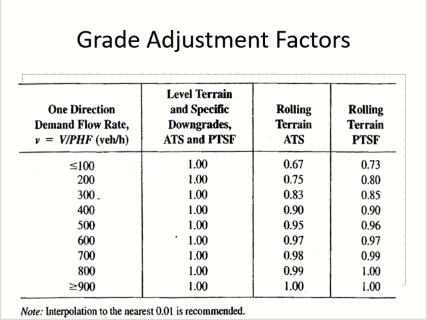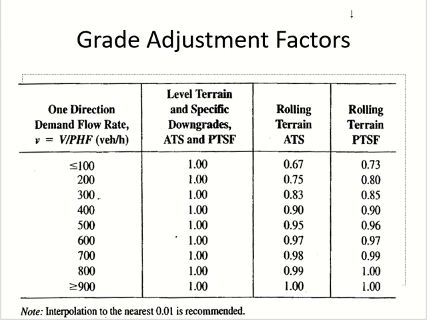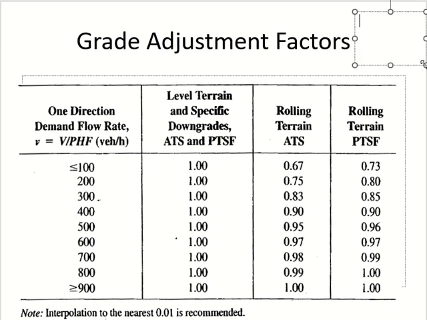How much traffic in one direction? How can I get the traffic in one direction and the other? What is given in the question? Yeah, the ratio is given and the total is given, right? Total is 500 and the ratio is 60/40. So I will call it V1 and V2.